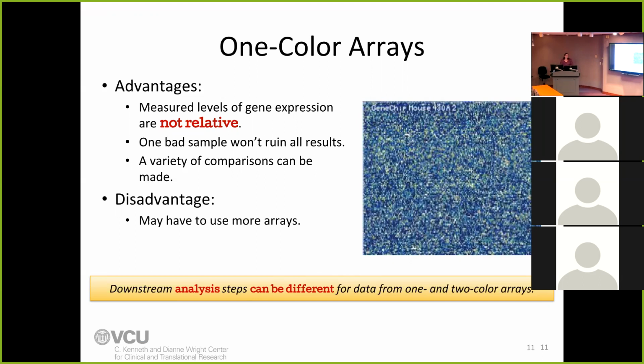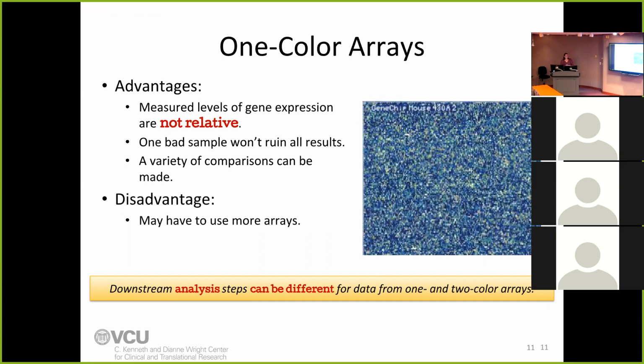The one disadvantage is that you have to use more arrays, but on the other hand, you could also pare down your normals. So instead of having a normal sample for every cancer sample that you're running, you can have three normals and then however many cancer samples and compare them all to your smaller normal set. So that could save some cost.